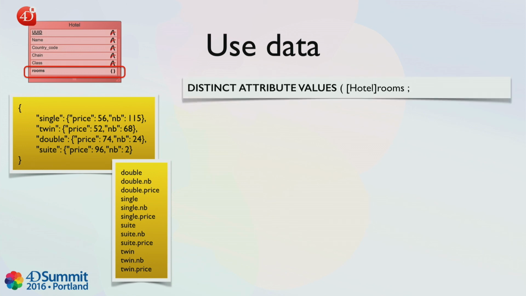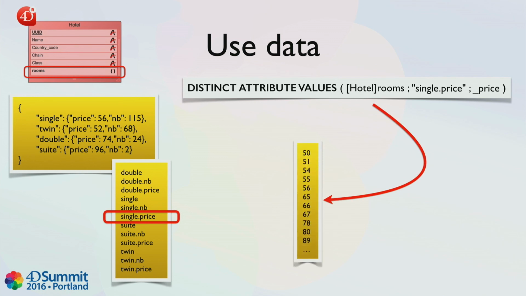With this situation, we have all the paths available. With distant attribute value, the first parameter is a field, the second parameter is a path, the third parameter is an array.